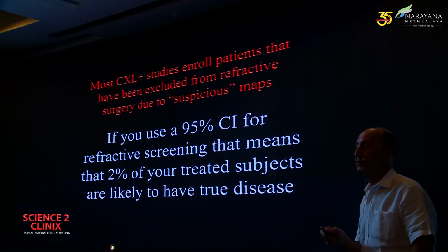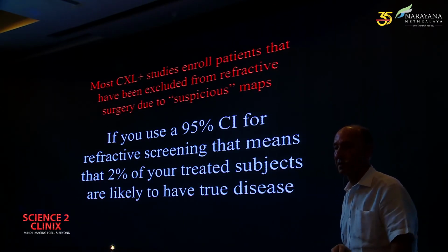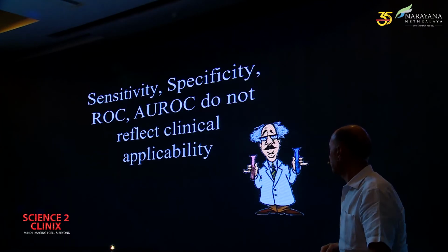So again, a lot of studies, inclusion studies in keratoconus, have very poor inclusion criteria. So again, if you use a 95% confidence interval for refractive screening, and then do a study on those patients who failed your screening, the likelihood is only 2% of those treated actually have disease.